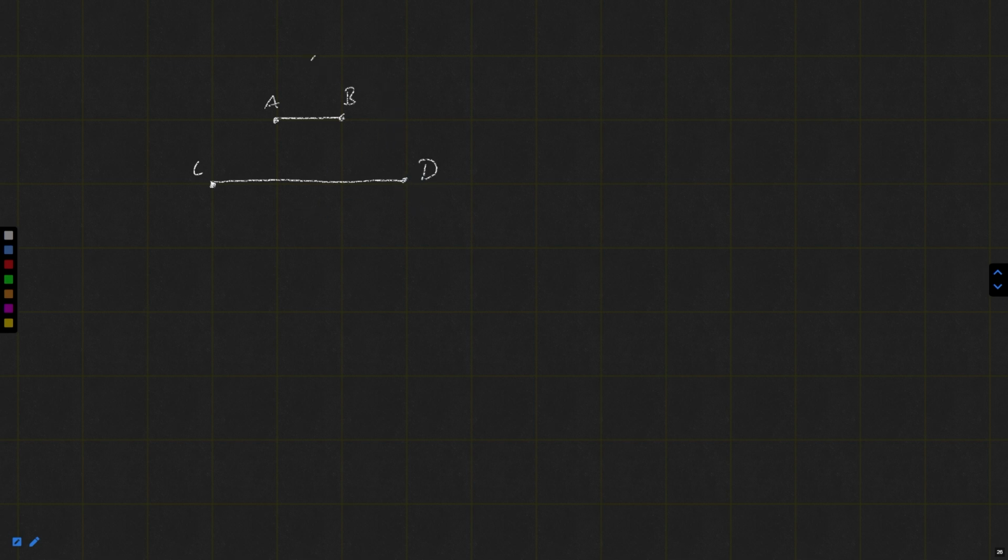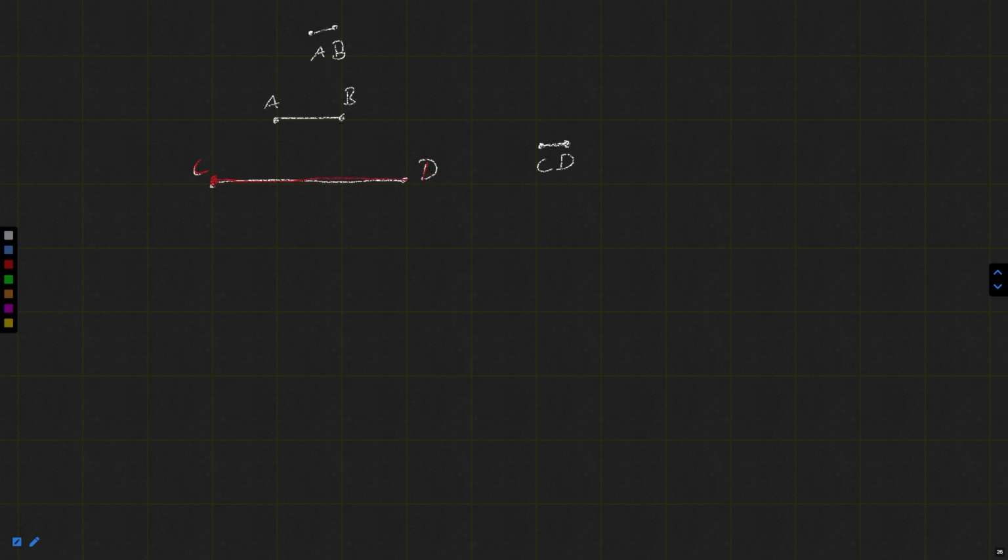So one line segment is this AB. Mathematically I will write this, and CD. To show that it is a line segment, I draw endpoints also. So AB and CD are line segments. Let me draw it in red.